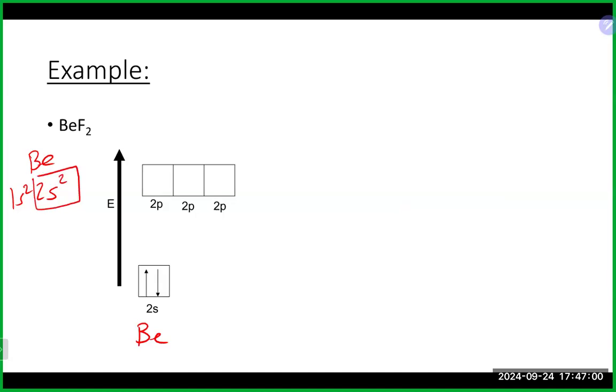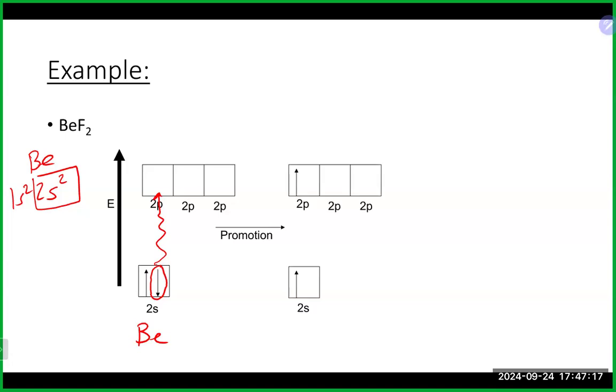What happens through the hybridization process is, we have our two electrons in beryllium, and we get a promotion of a lower energy electron. It will work its way up into the p subshell. The result is that we now get an unpaired electron in the s orbital and an unpaired electron in the p orbital.